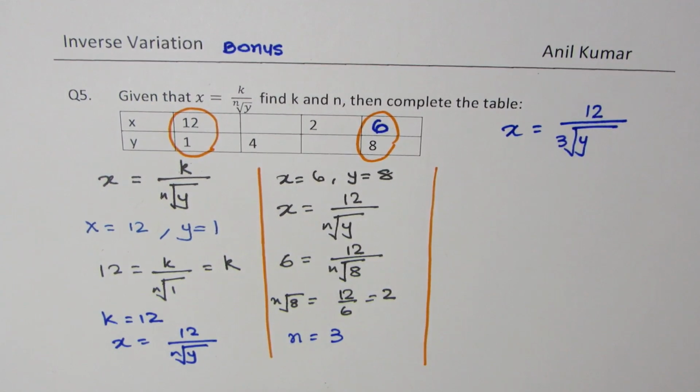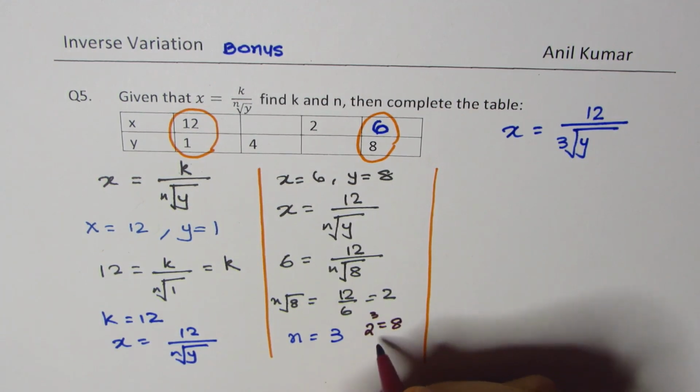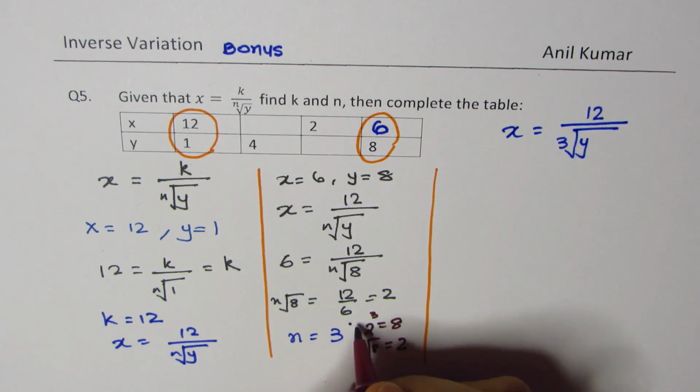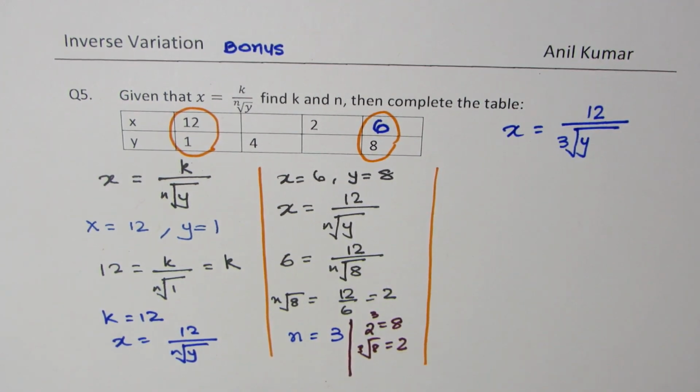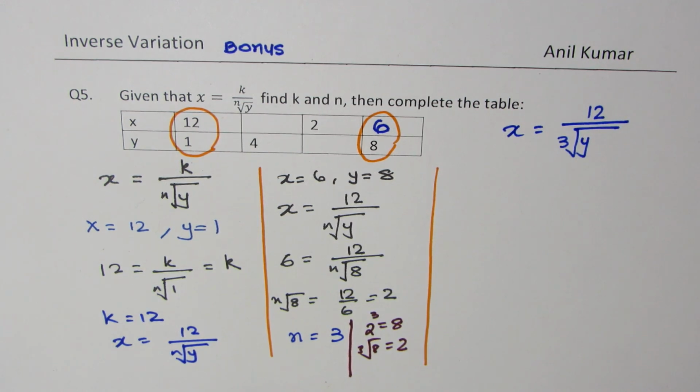Does that make sense? How did we get this value? Since 2 cubed is 8, the cube root of 8 is 2. Now we have a relation and we can find the solutions. Good. Slightly more complicated.